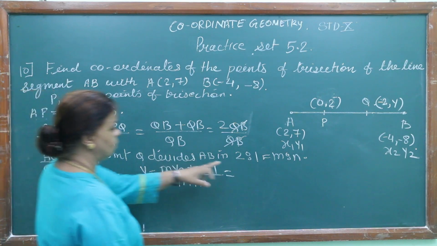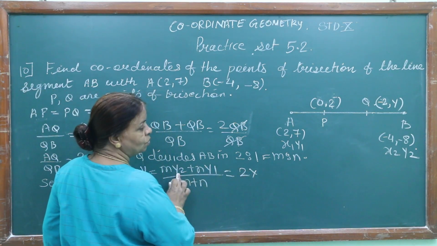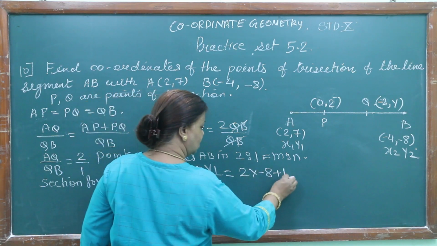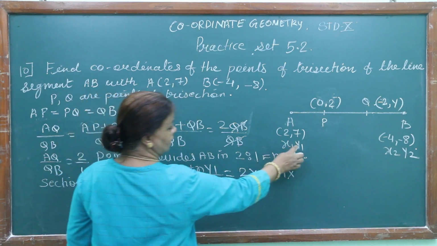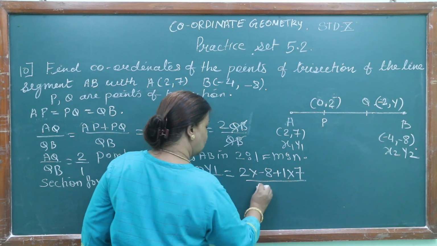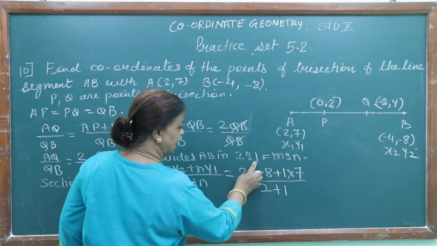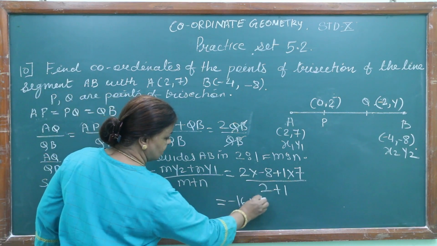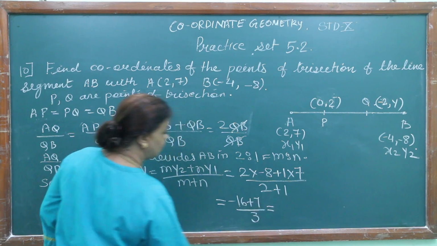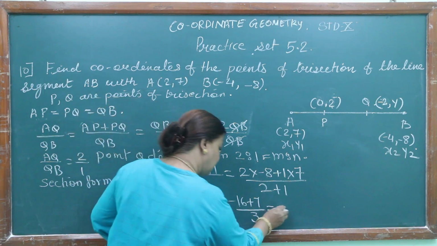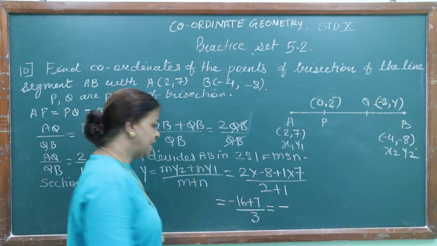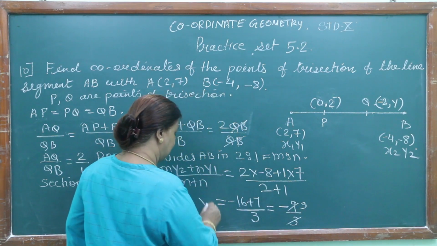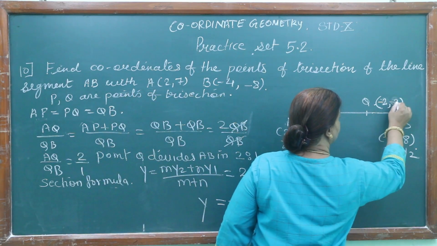Now m is 2 into y2, y2 is minus 8, plus n is 1 into y1, and y1 is 7, upon 2 plus 1, m is 2, n is 1. 2 into minus 8 is minus 16 plus 7 upon 3, and minus 16 plus 7 is minus, sign of the greater number, that would be 9, minus 9 upon 3, 3 threes are 9, and that is minus 3, the y coordinate. So the y coordinate is minus 3.